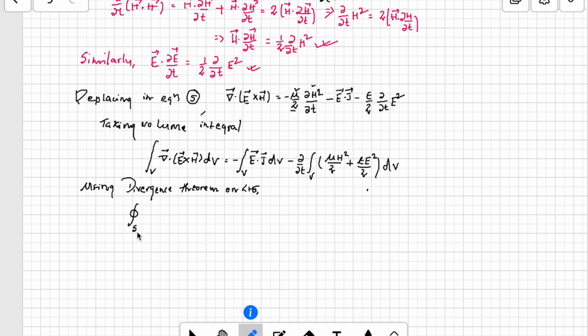This would be the closed integral of del bar dot the vector, where the vector is E cross H, so it is equal to the surface integral of that vector dS bar, which is equal to minus of whatever we have on the right-hand side: E bar dot J bar dV minus del by del t of the integration of mu H squared divided by 2 plus epsilon E squared divided by 2 dV. Derived.